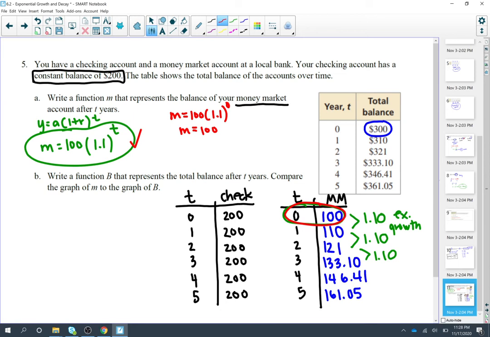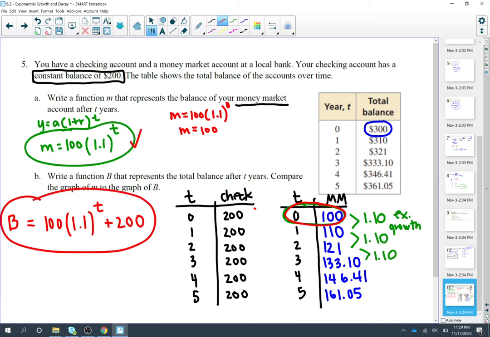So if I want a function, I'm going to start with the money market function, which is 100 times 1.1 to the power of t. But then I always add on what's in the checking account. And what's always in the checking account? $200. That will give us our total balance, which they're saying to represent by a big B.